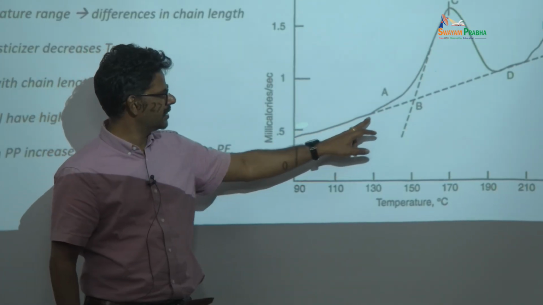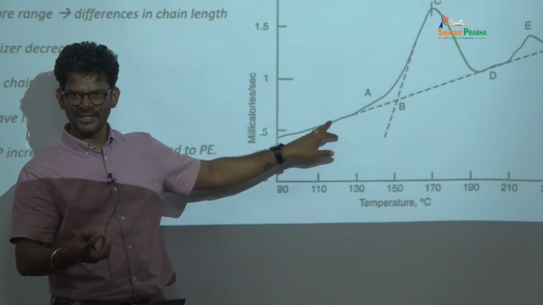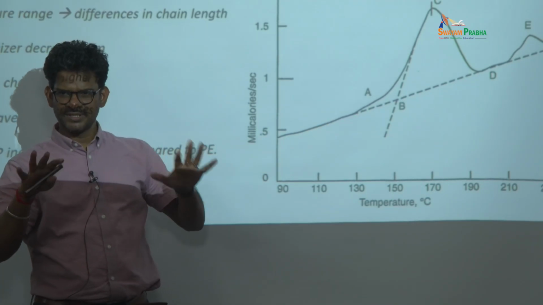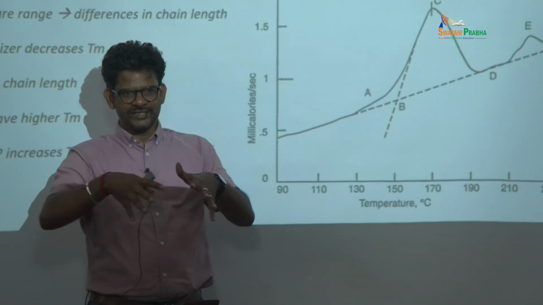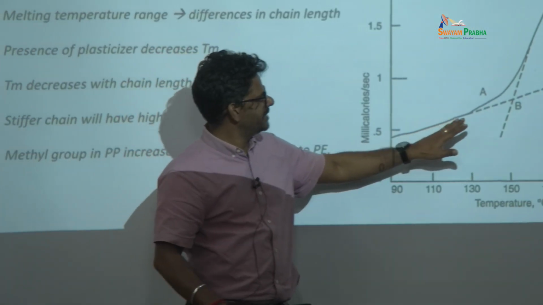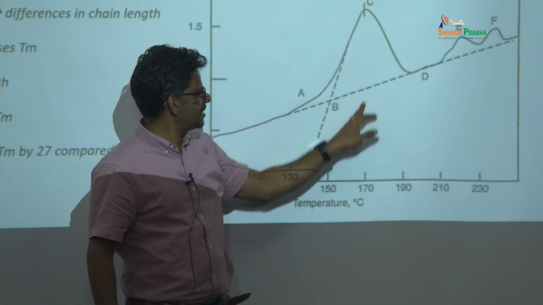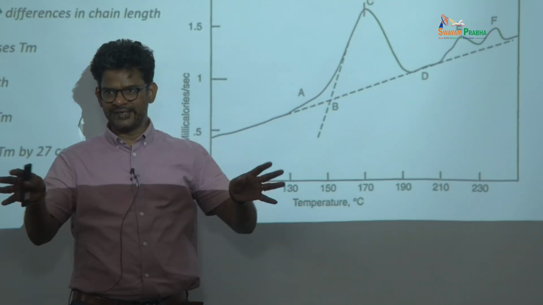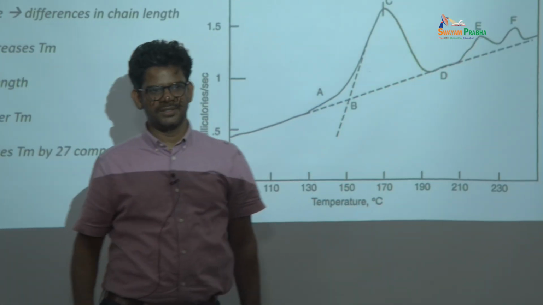So from here to here, it's just sensible heat. The material is just acquiring heat, increasing the thermal motion, but still the structure is intact. Somewhere here, the chain starts untangling. The crystalline order is now broken, so melting starts happening. You see there is a peak here. This is the temperature where much of the crystals are melting. After that you have some other processes.